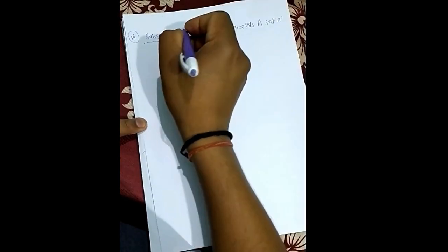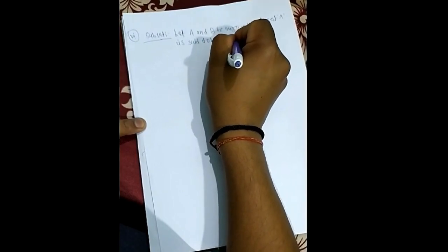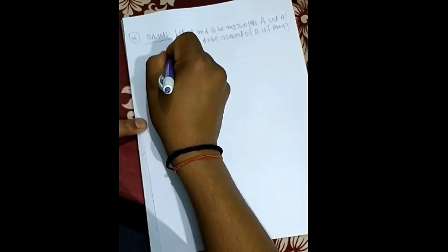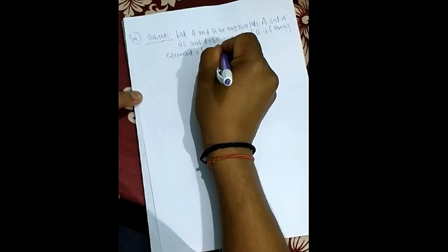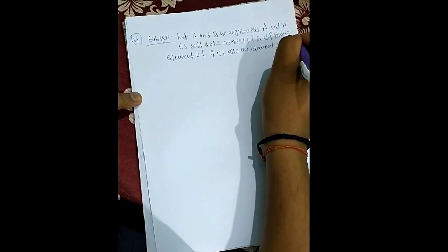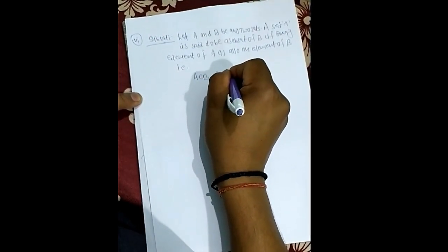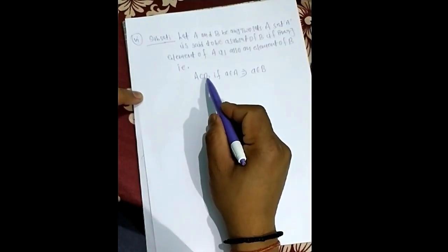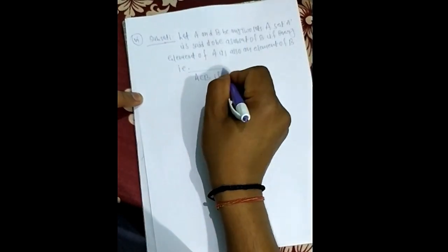A set A is said to be a subset of B if every element of A is also an element of B, that is A subset of B. If small a belongs to capital A, this implies small a belongs to capital B.